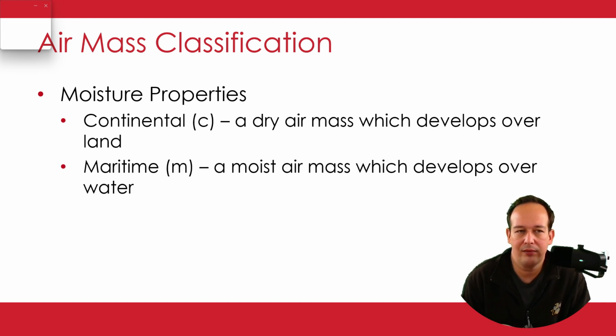That last classification was based on temperature, and the other way that we classify air masses is through their moisture properties: continental and maritime. Continental is a dry air mass which develops over land, whereas maritime is a moist air mass which develops over water.